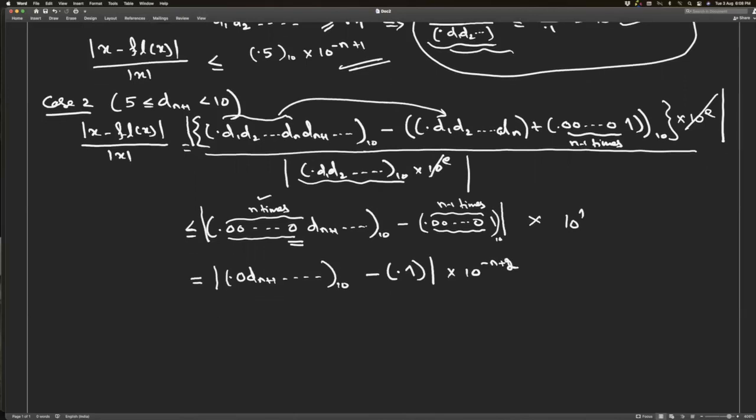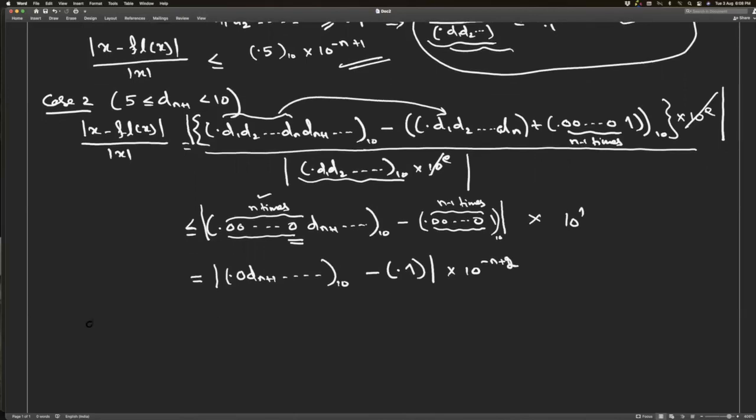So we got this, and you know that d(n+1) is greater than or equal to 5, right? Therefore, 0.0 d(n+1) and so on is going to be greater than or equal to 0.05, right? And now I am subtracting this from 0.1. So I am removing some number which is greater than 0.05 from 0.1.